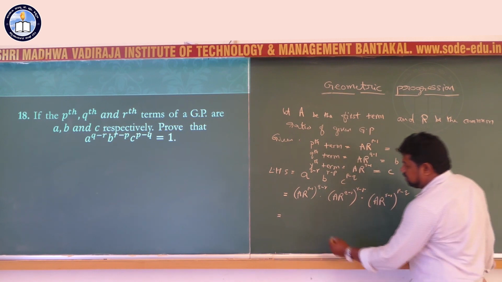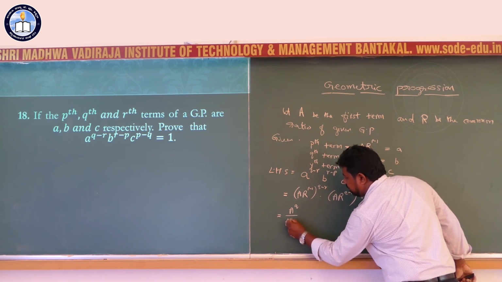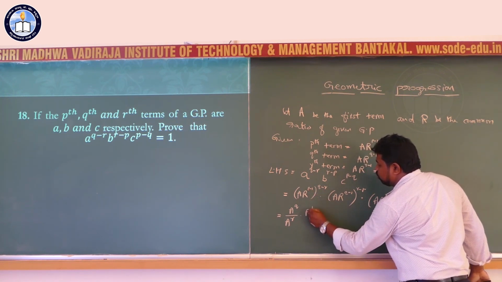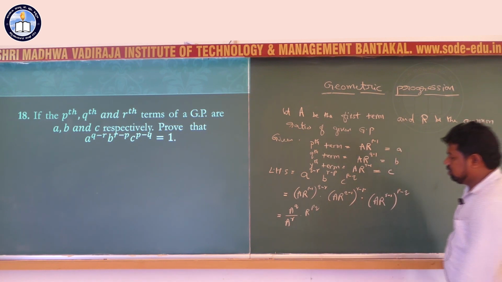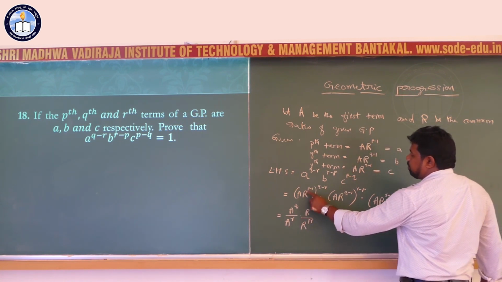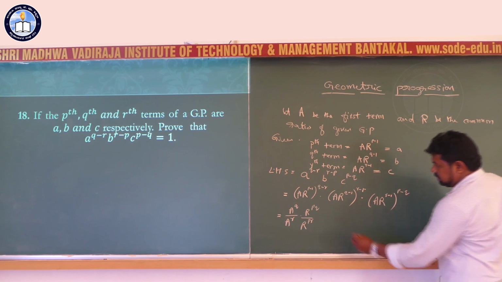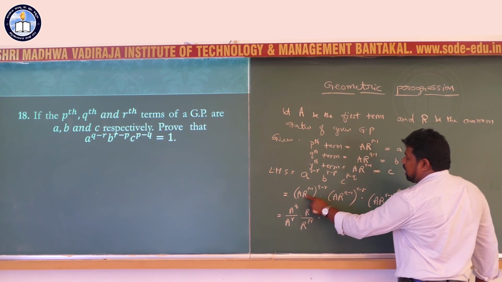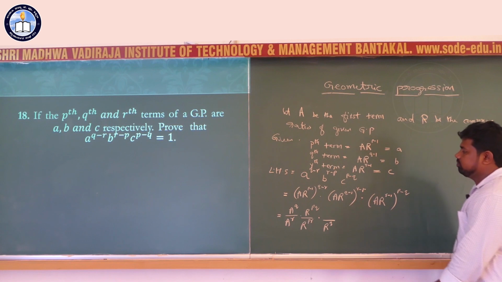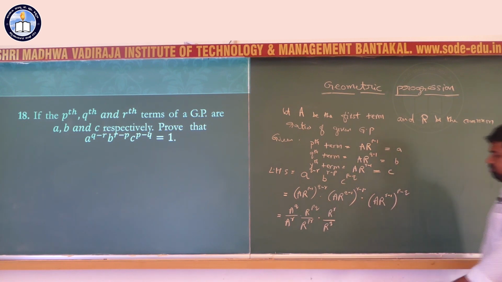I can write A power q, A power minus r, that is 1 by A power r, R power pq by R power pr, that is R power pq minus R power pr, into R power minus q, in the denominator, R power q, and in the numerator R power r.